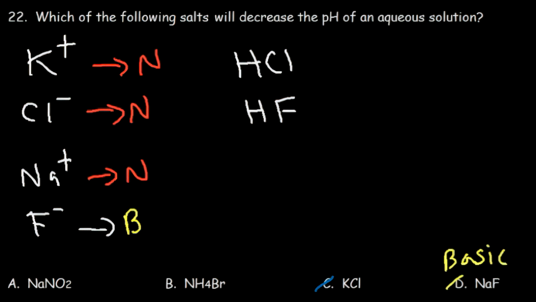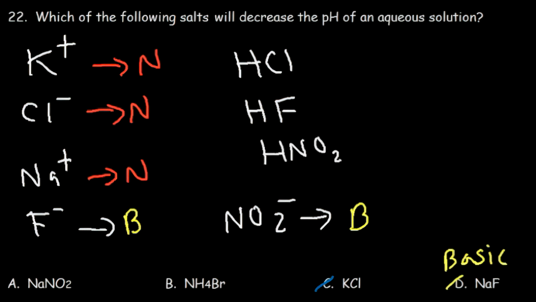So what about answer choice A, sodium nitrite? Is it an acidic salt, basic salt, or a neutral salt? Well, the sodium ion is neutral, but the nitrite ion is a basic salt. And the reason for that is because HNO2 is a weak acid. Notice that both HF and HNO2 are weak acids.